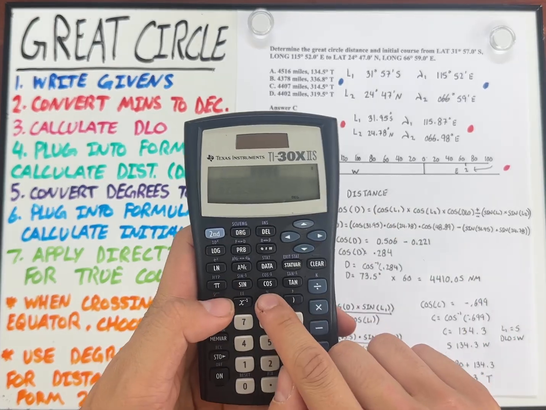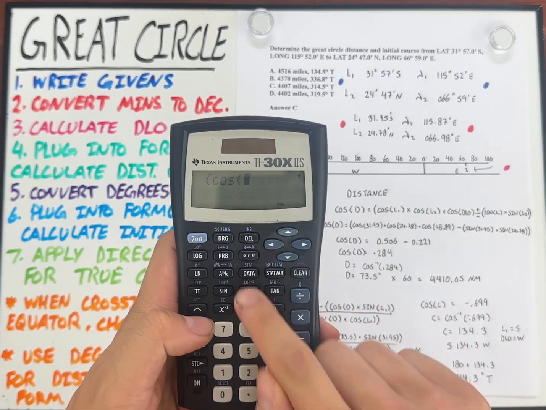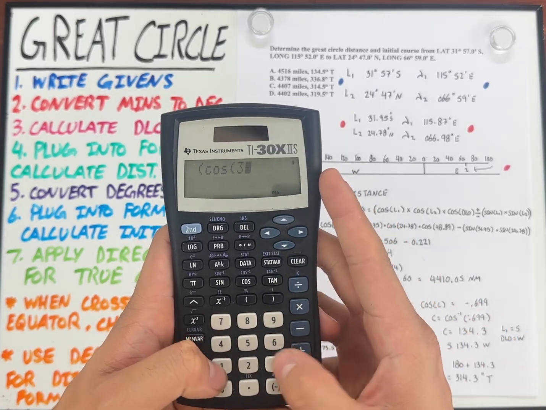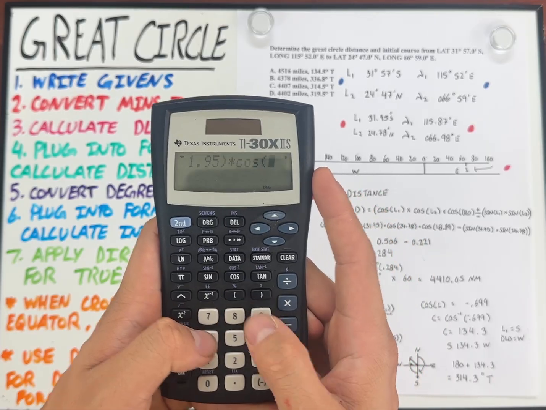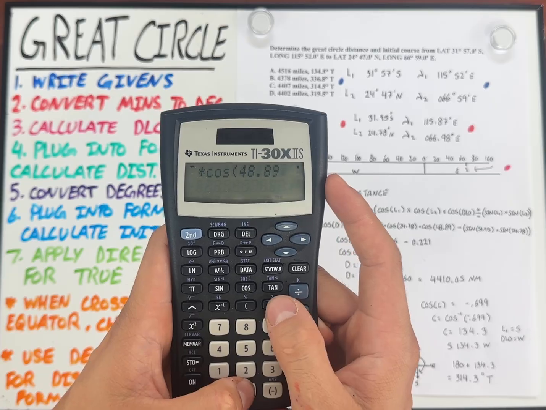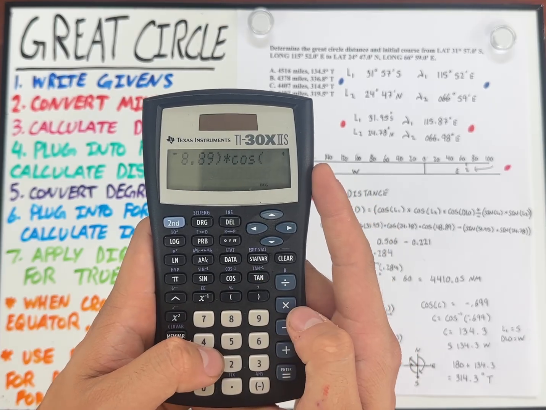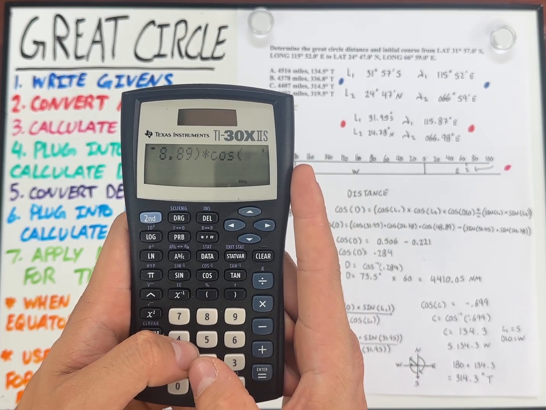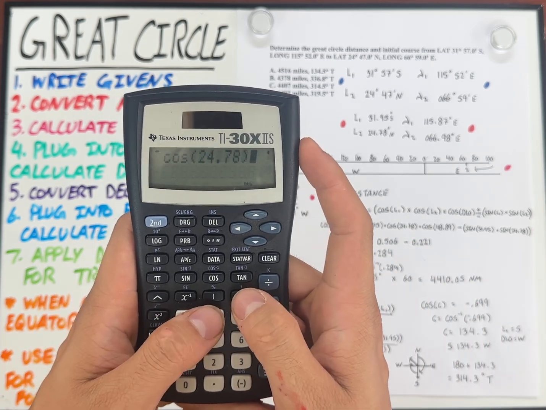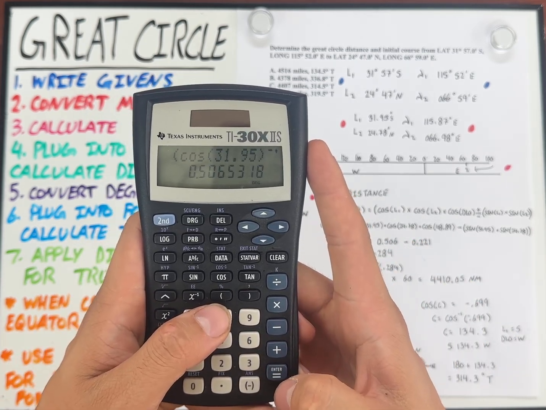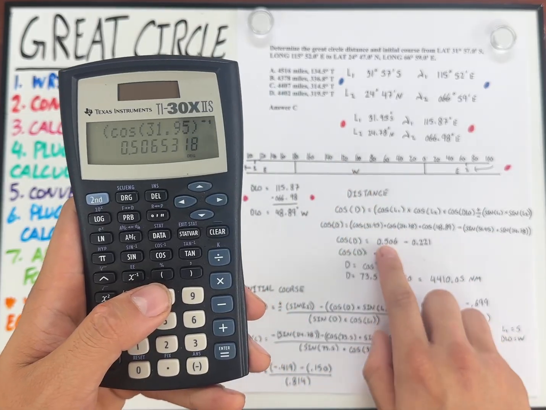We'll do a parentheses, cosine 31.95 times cosine 48.89 times cosine of difference of longitude 24.78. Close parentheses, we get a decimal of 0.506.